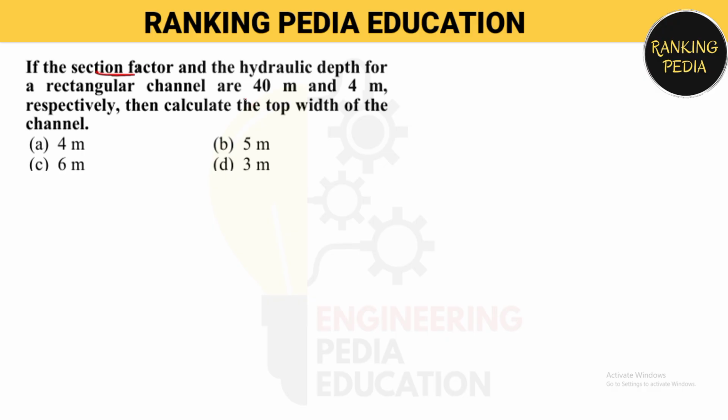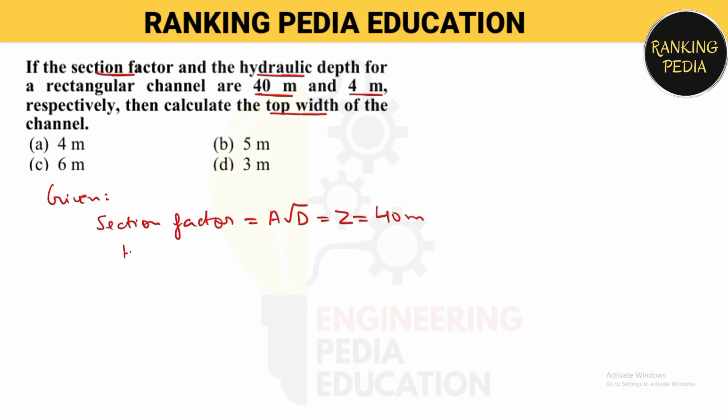So section factor is 40 and your hydraulic depth is mentioned, which is 4 meter. We have to calculate the top width of the channel. First, what we will do, we will note down the given data. Given is section factor, which is Z equals A root D, value given 40.